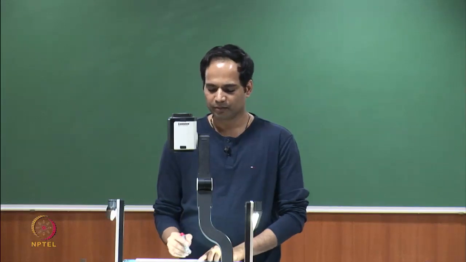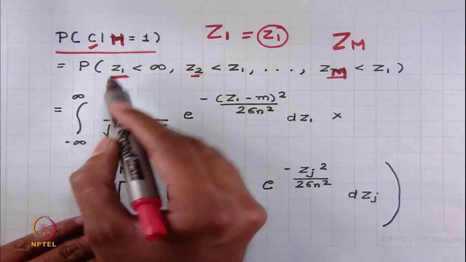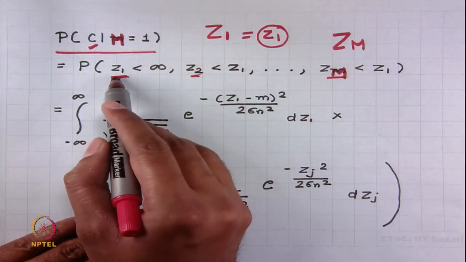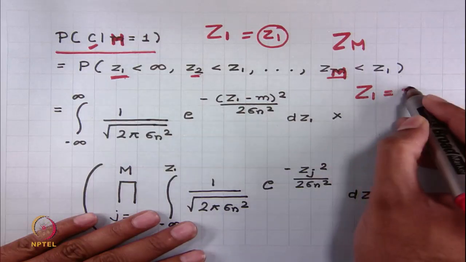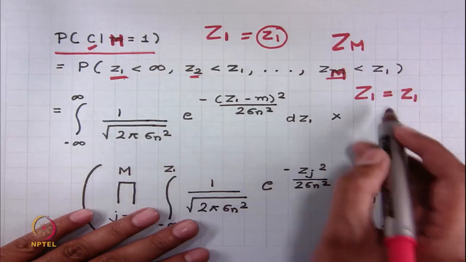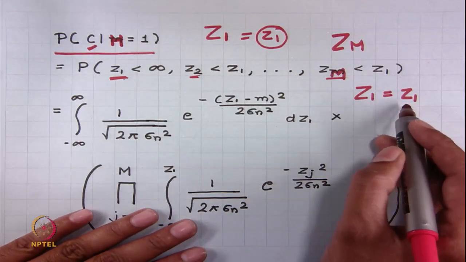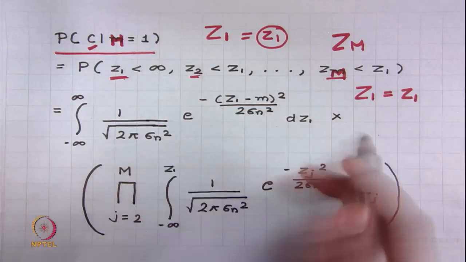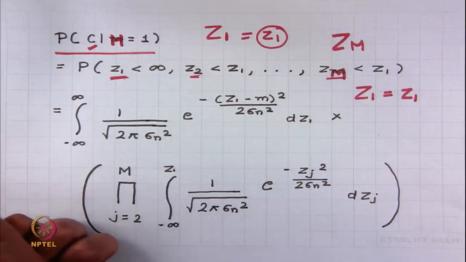Let us see how we can solve this. First we have to find the probability that random variable Z1 takes a value around small z1. It is not exactly z1, because that probability is 0. If you have a continuous random variable, the probability that it will take a specific value is 0.